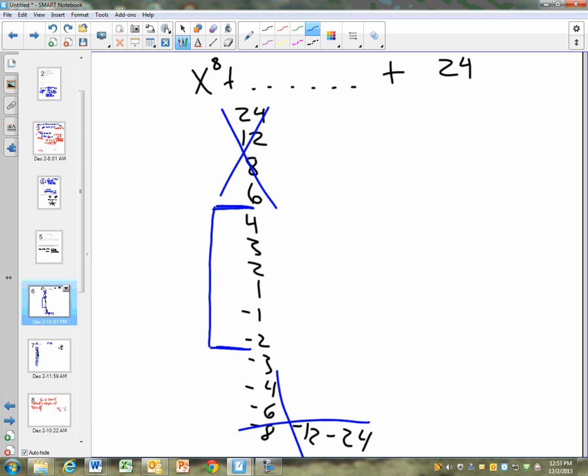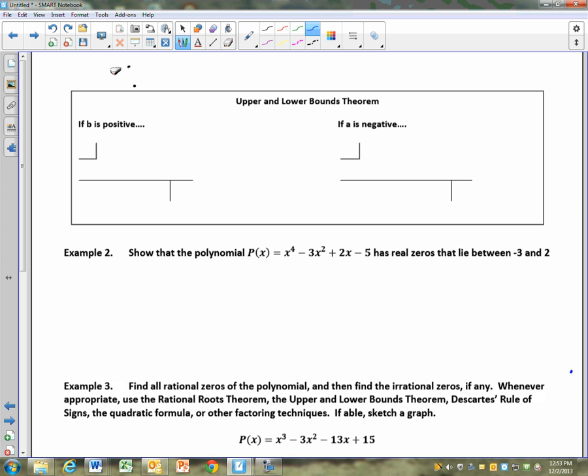Okay. Here's what it says. Let's say b is positive. If you plug b in for a synthetic division, and you divide out the polynomial, and let's suppose you get a result that looks like this: positive number, 0, positive, 0, 0, positive, positive. Basically, the idea is you get a non-negative result, meaning you can have positive or 0.